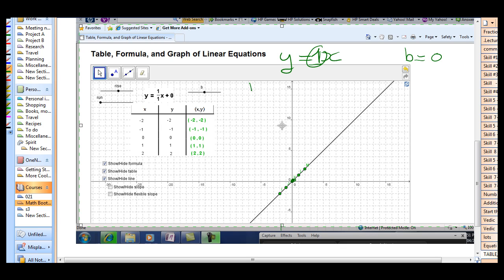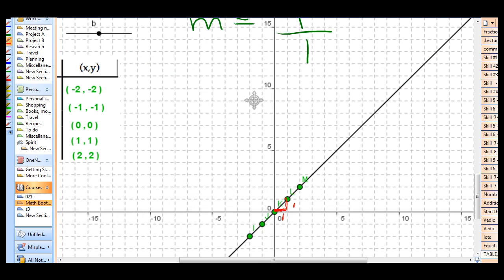So my slope is 1, or we say 1 over 1. And so that means for every change in x, I move from here 1 unit to here. So again, if we go 1 unit to the right, we'll go up 1 unit. So that's the 1 and the 1.